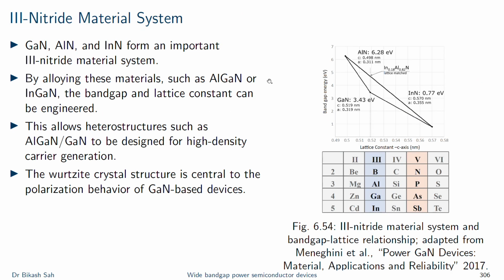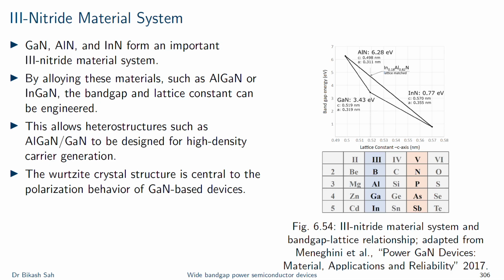Now, let's look in more detail at the III-nitride material system, right? GaN, AlN, and indium nitride can be combined to form ternary alloys, as I discussed in the lecture. So for example, AlGaN and InGaN, right?